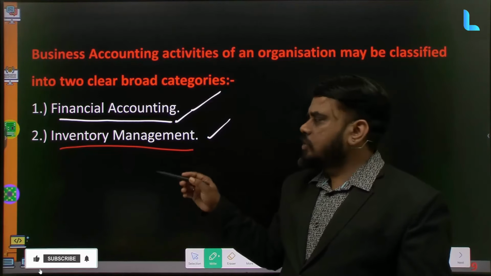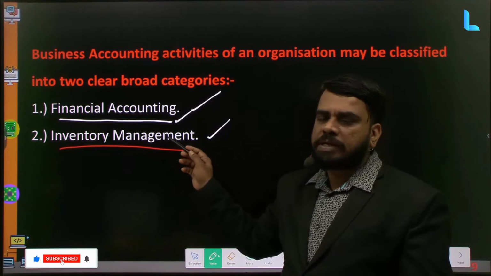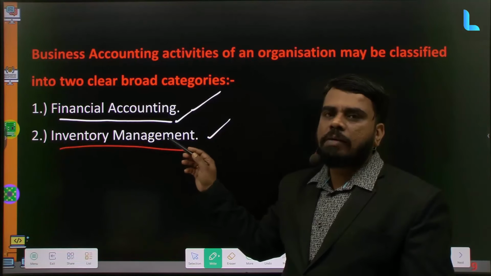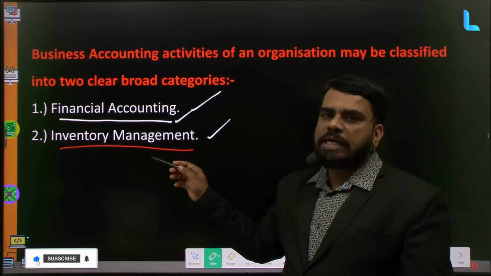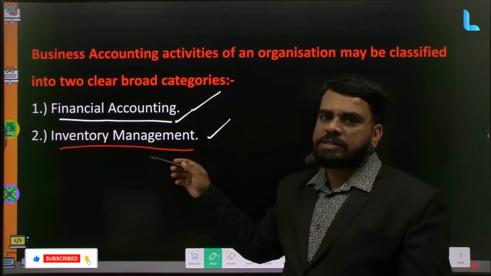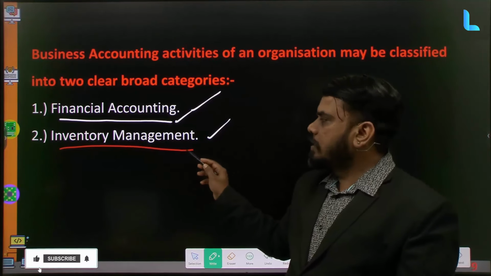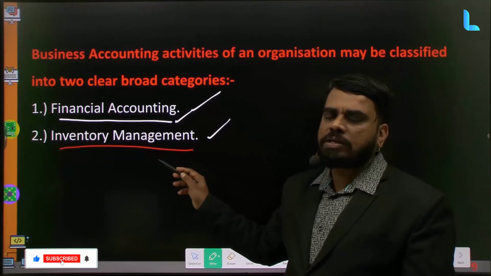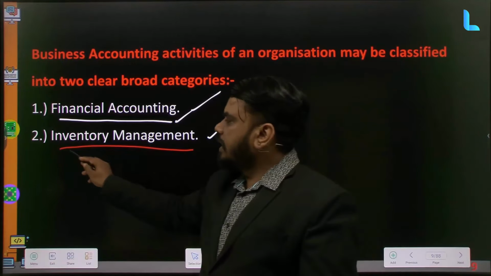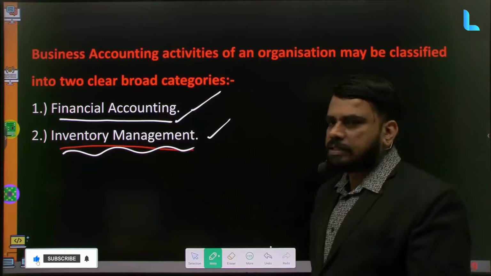Whereas the stock, what goods are present with us, how much we sold, how much is damaged, how much has to be sent outward, how much inward goods has to come, maintaining all those records or stock details is called inventory management. Let us continue.